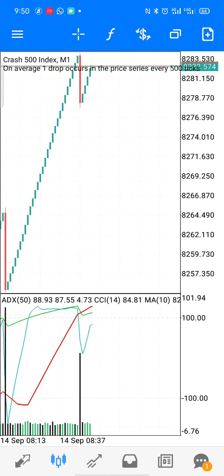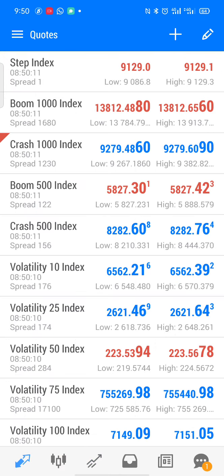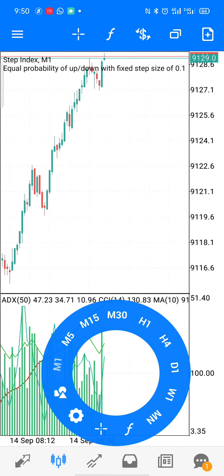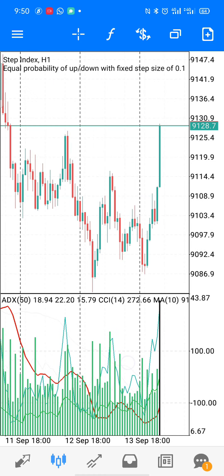Waiting for Crash 1000. Okay, let me play around Step Index. Step Index is on an uptrend. Look, boom, man.